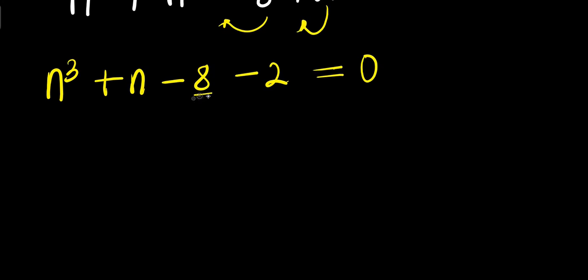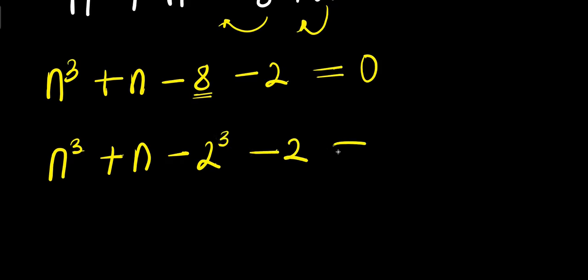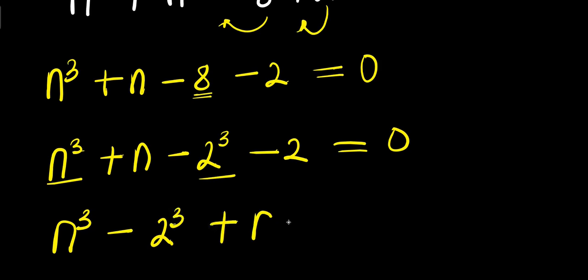Let's express 8 as 2 power 3. We have n power 3 plus n minus 2 power 3 minus 2 equals 0. So this and this will be combined: n power 3 minus 2 power 3 plus n minus 2 equals 0.